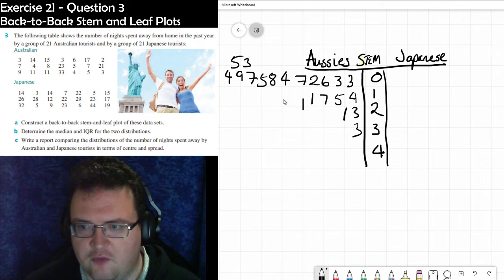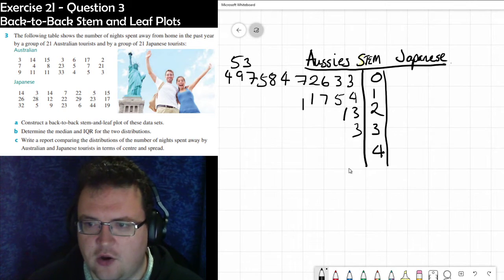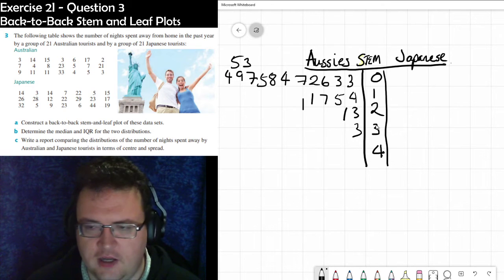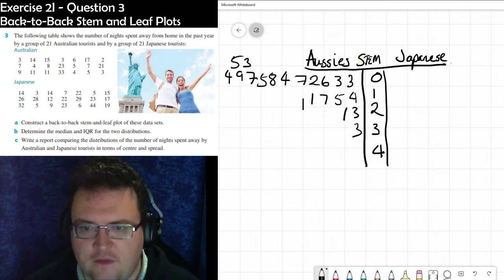As you can see, I've run out of room here. So it'll hopefully be better when I sort it all out. But for now, I'll also do the Japanese one as well.